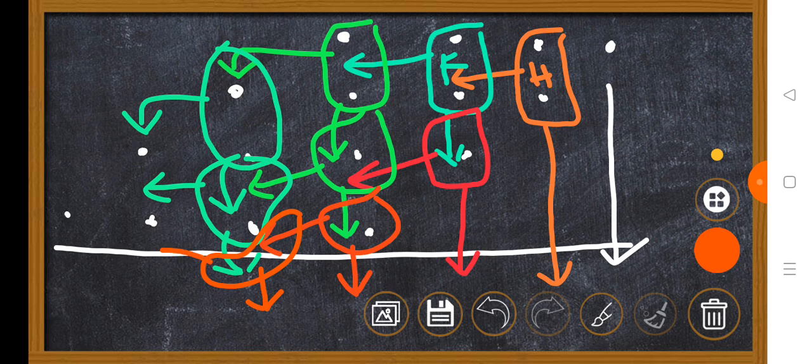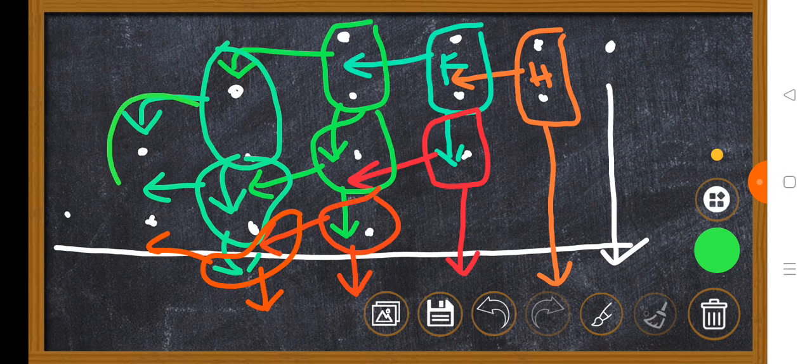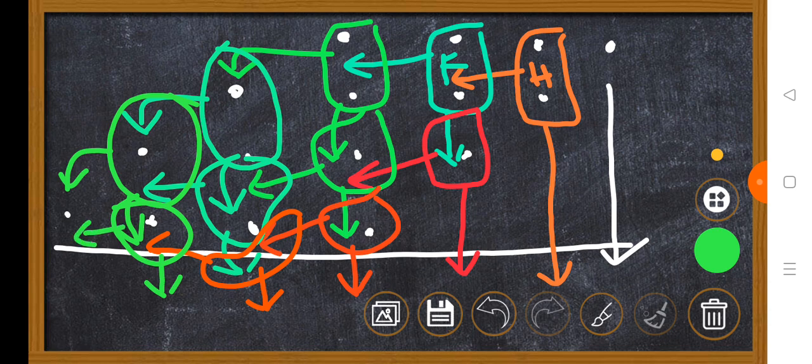Now these three are considered as full adder, the sum is here and the carry is here. And these three again full adder, and these three full adder, the sum is here, finally the carry is here.